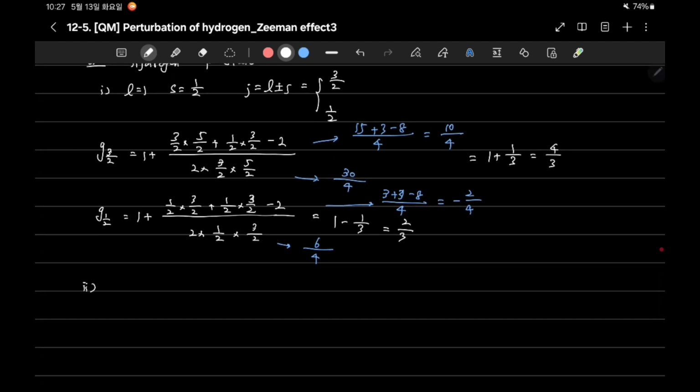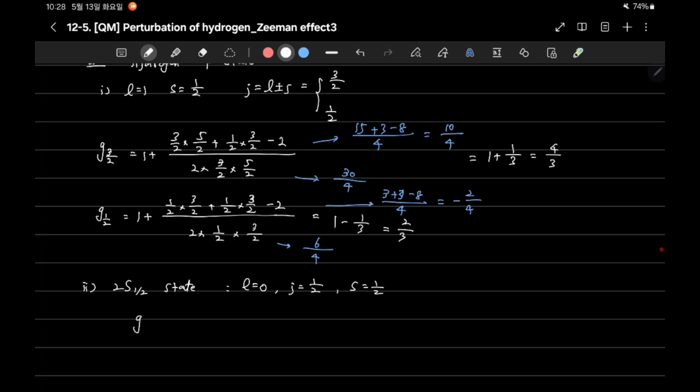Secondly, let's think about the 2s 1/2 state. In this case s means L equal to 0, and J equal to 1/2, so S equal to 1/2 because J equals L plus S. Here J equal to 1/2 and L equal to 0, so S equal to 1/2.